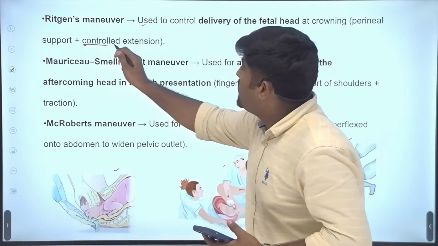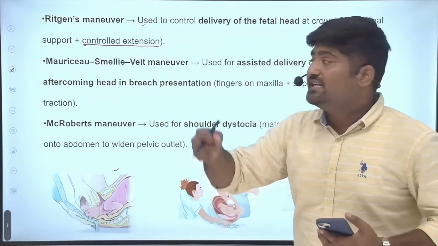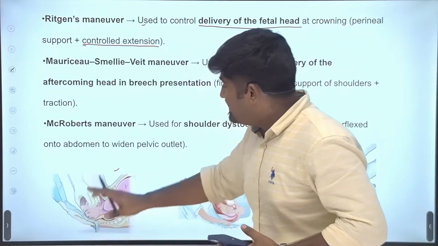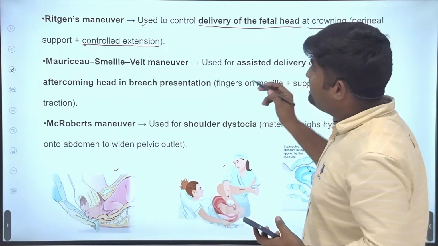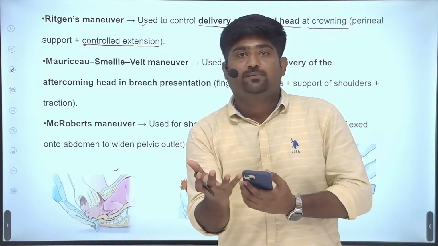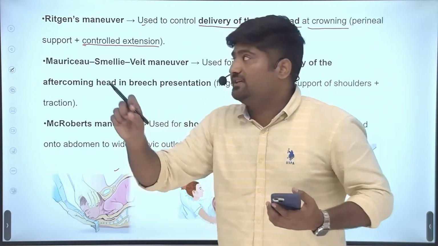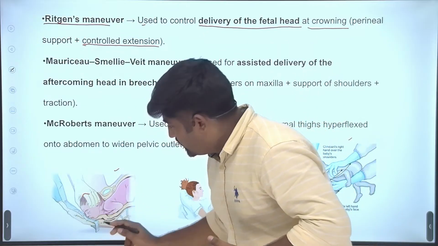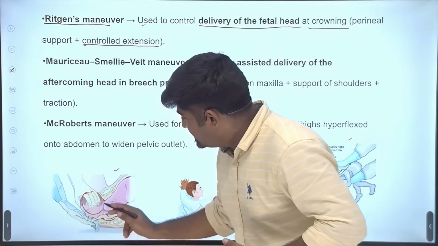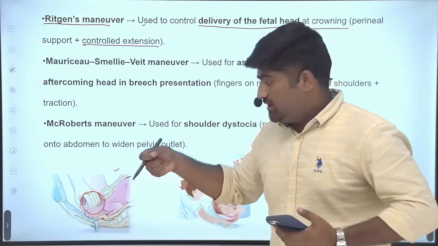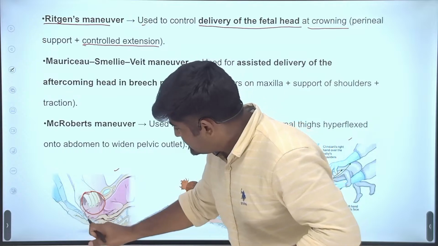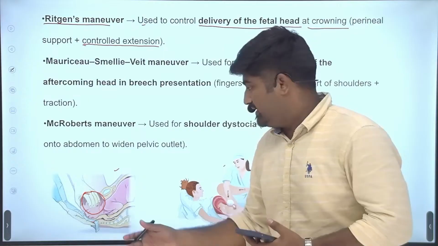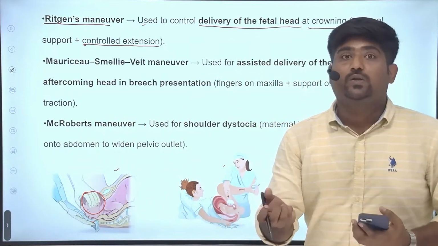We deliver the fetal head, keeping some pressure at crowning, with the help of perineal support, giving controlled extension. That is the Ritgen maneuver. Here you can see after the crowning, the fetal head is held by the obstetrician, then support to the fetal chin, the face support is given, then delivered with controlled extension.